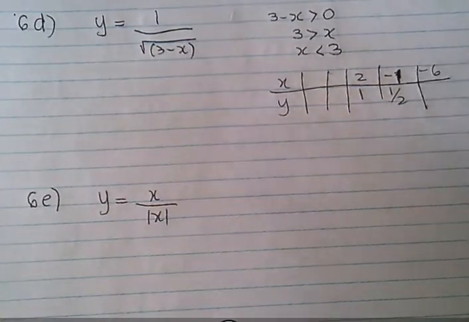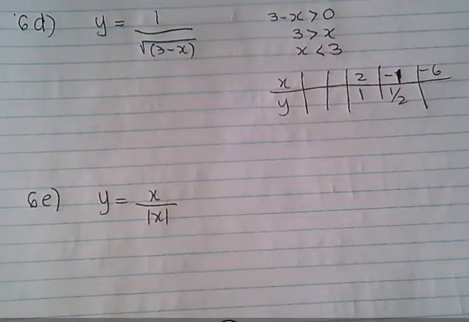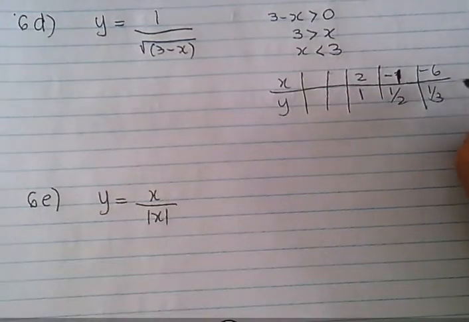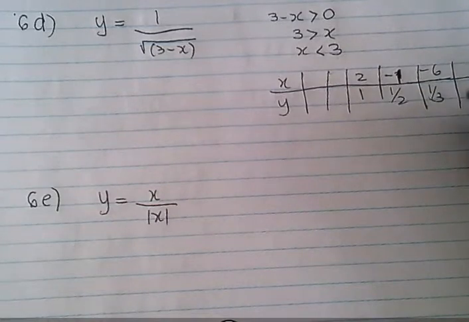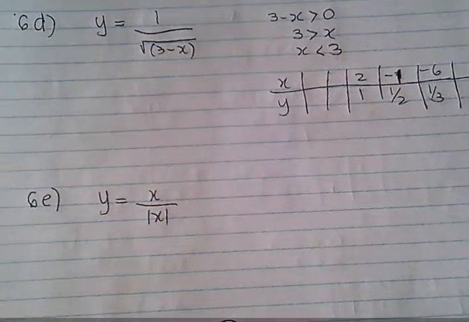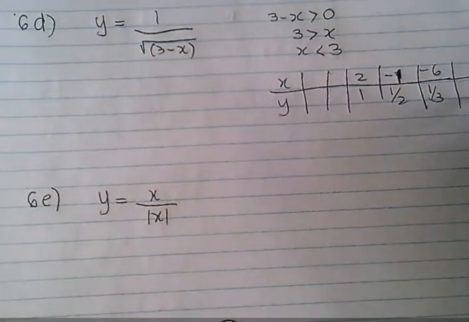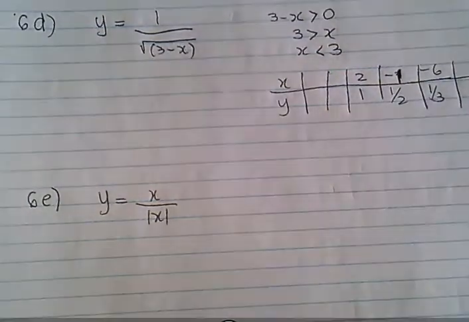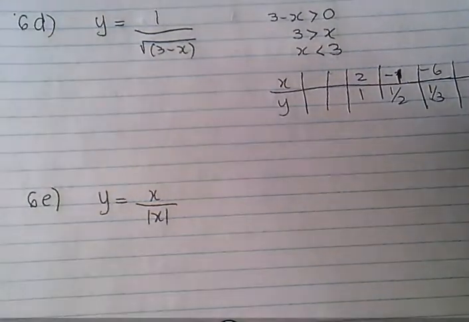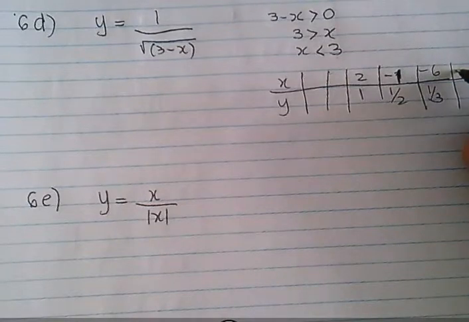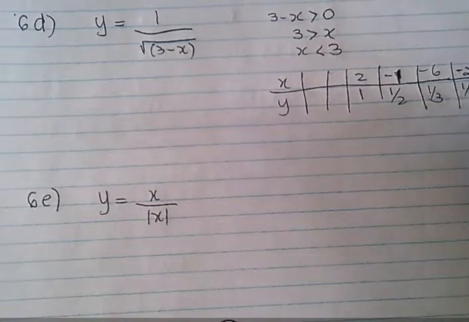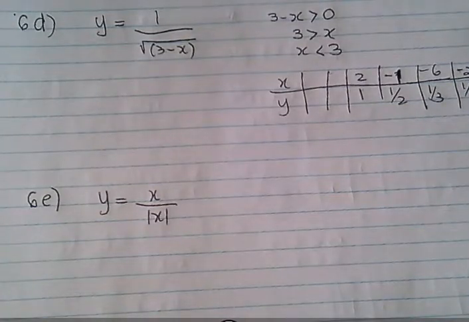Negative 6. 3 minus negative 6, that's 9. 1 over the square root of 9, a third. All right, what's our next square number? What do you think they're going to approach? Is it ever going to give you 0? No. You're never going to get 0. What's the next one? Negative 22? A fifth. That's enough down there.